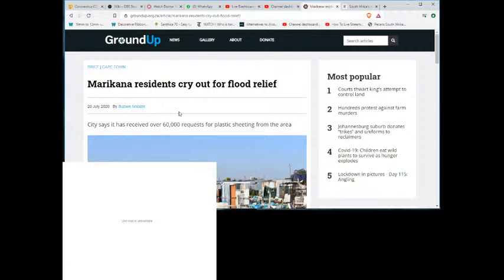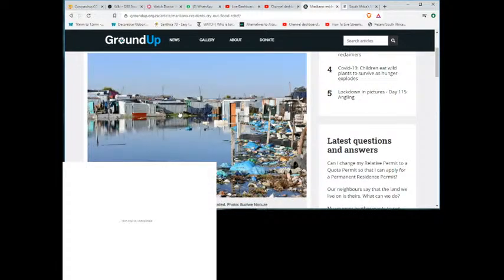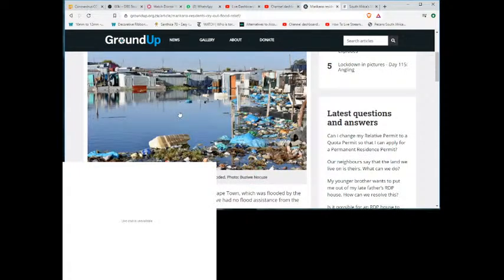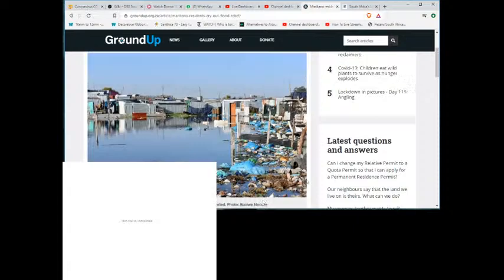Marikana residents cry out for flood relief. Wow. So there you can see, I mean, that's a point of view shot. It gives you exactly what the whole article is about. People living in, I don't know, ankle deep water, knee deep water in some places, and no one's helping them.